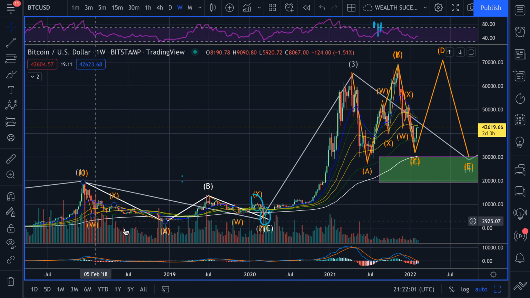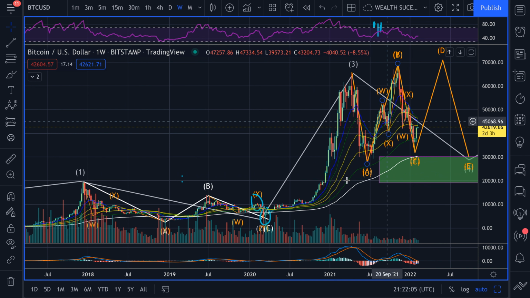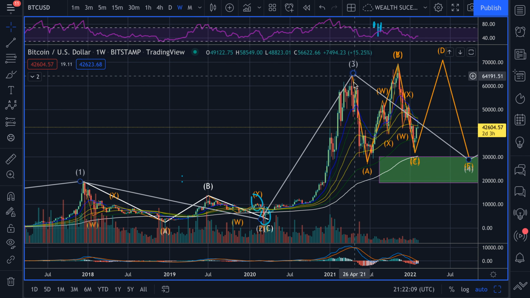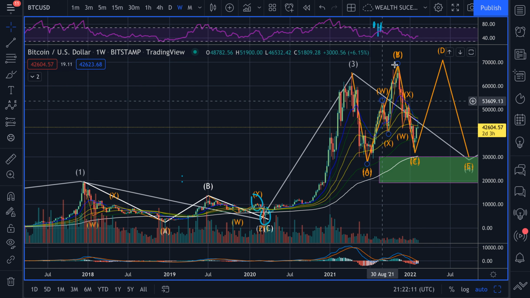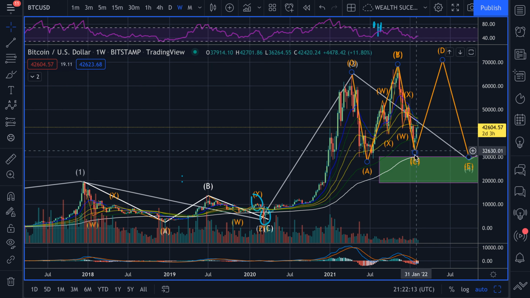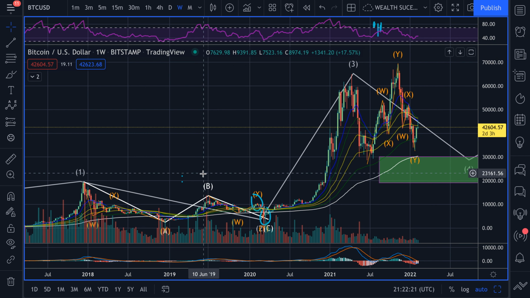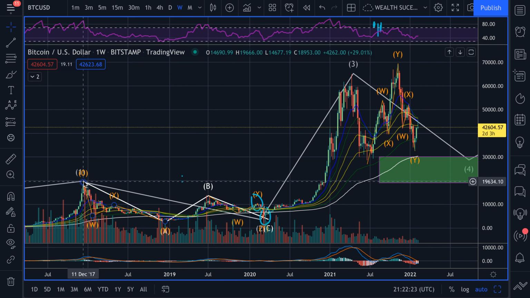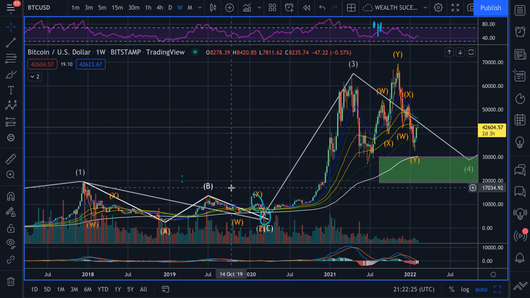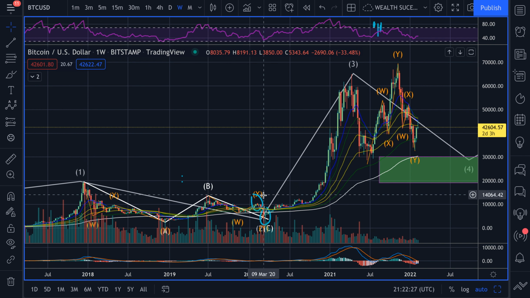And look at this back here, what happened in 2017. If you don't think that corrections are possible, however, I thought this was an A, B, C, and might be done or might be finishing off the C wave. The reason I thought that is because the correction from 2017 lasted about 3 years.